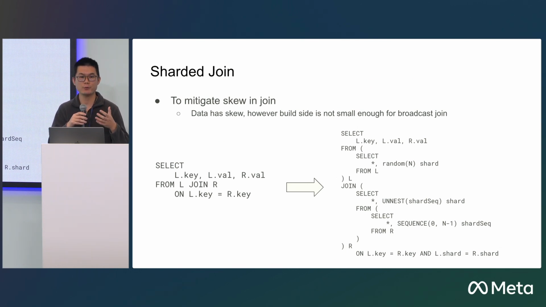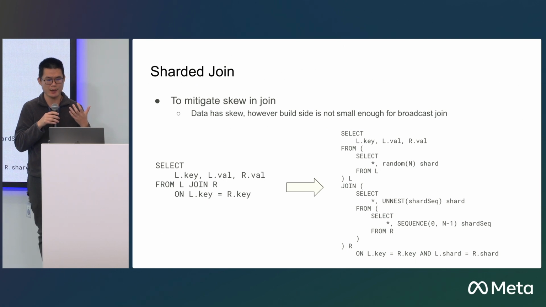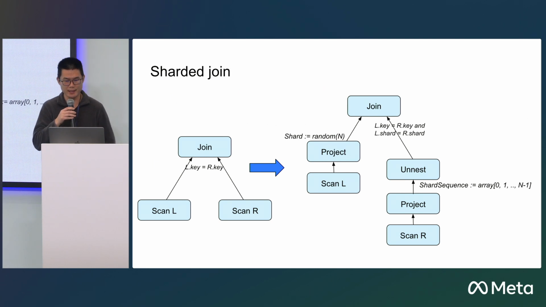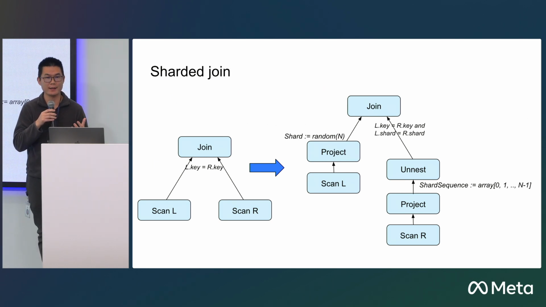So basically we are replicating the build side, the right side, n times, where n can be specified by us. Now we join on both the join key and the shard. This is the query plan before and after the optimization.